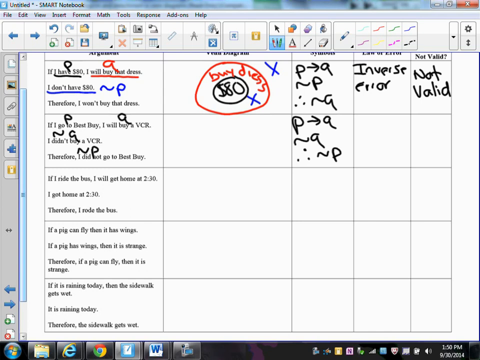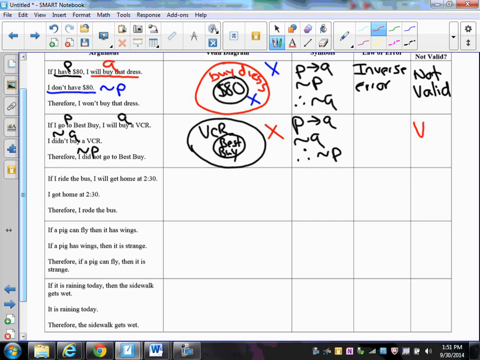So let's draw what the diagram looks like. We have Best Buy down here, that's our hypothesis. And then on the outside we have VCR. So not Q says I didn't buy the VCR, so that means I'm outside of the VCR circle, which means I didn't go to Best Buy.